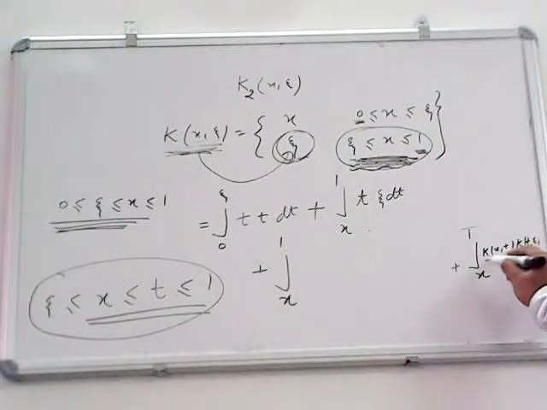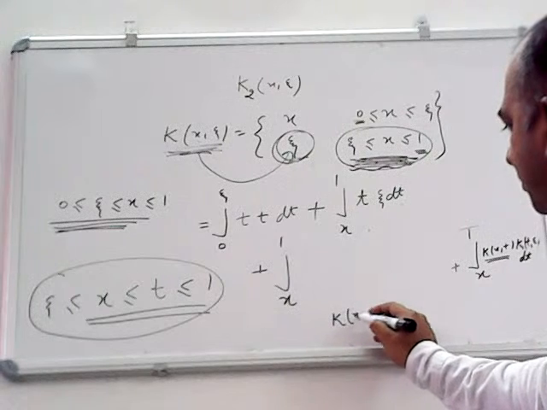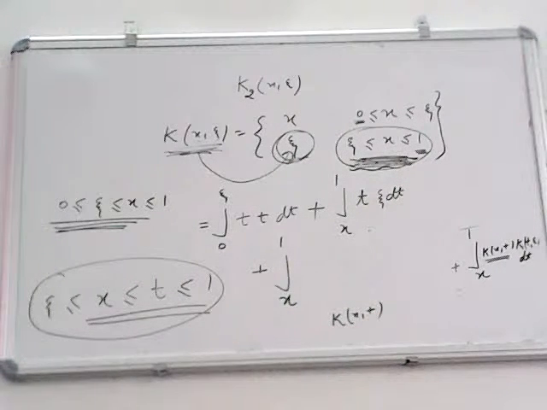So the value of the first kernel k of x comma t, you can see that the limits of integration are with respect to t.